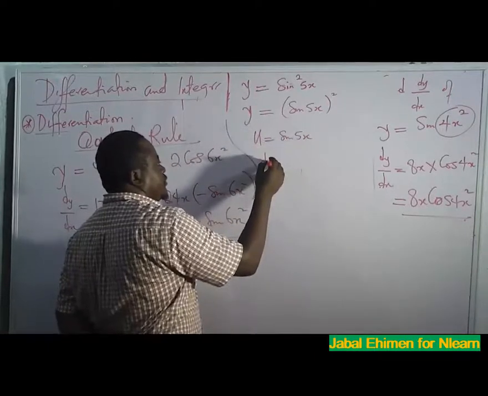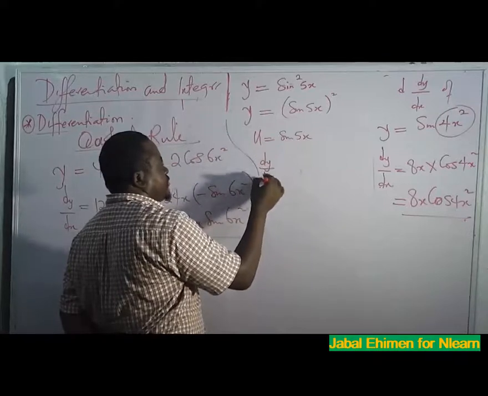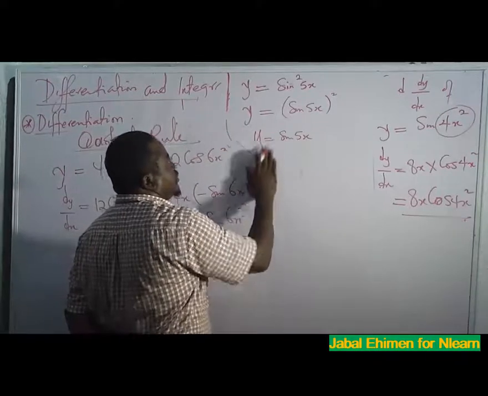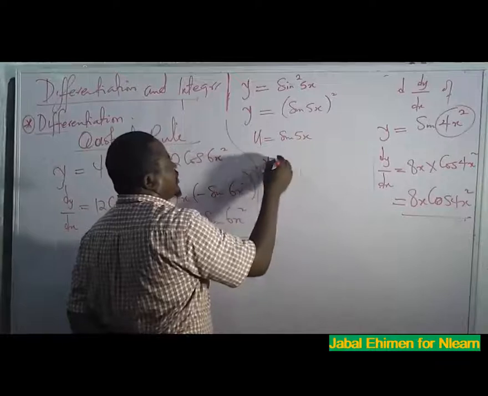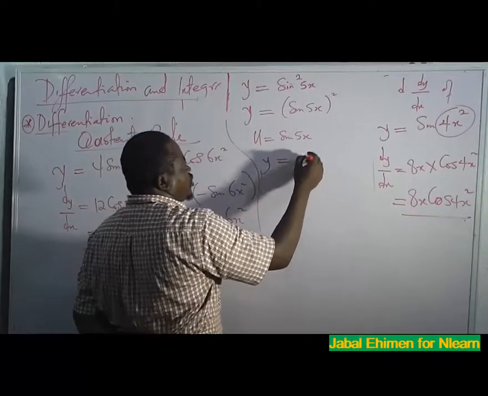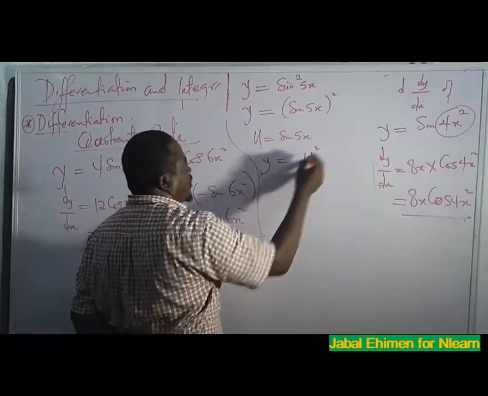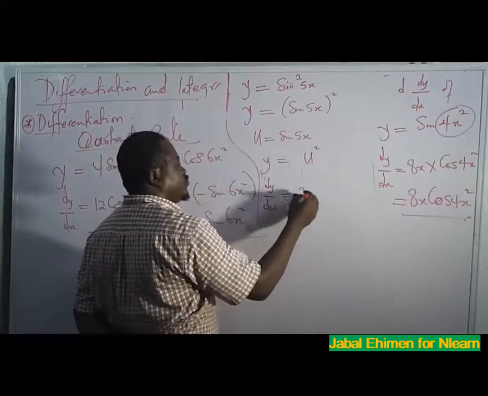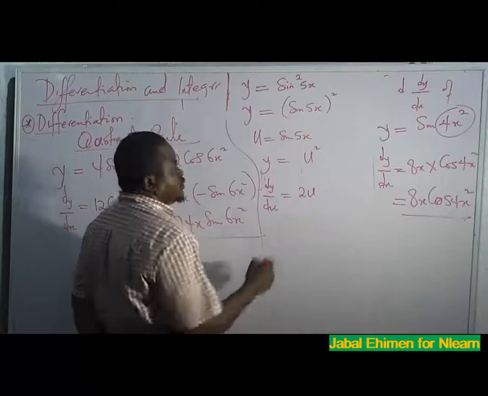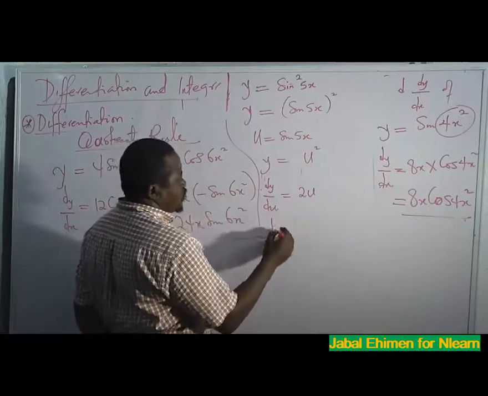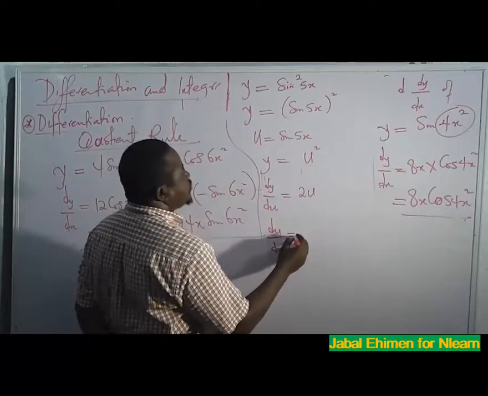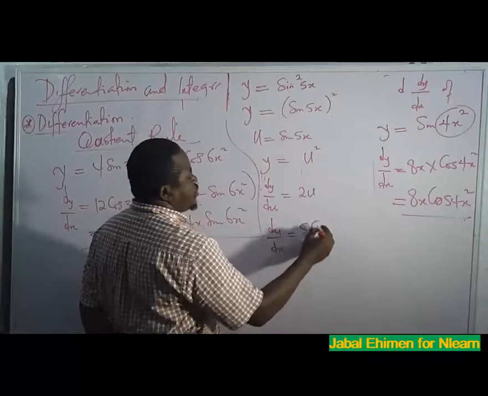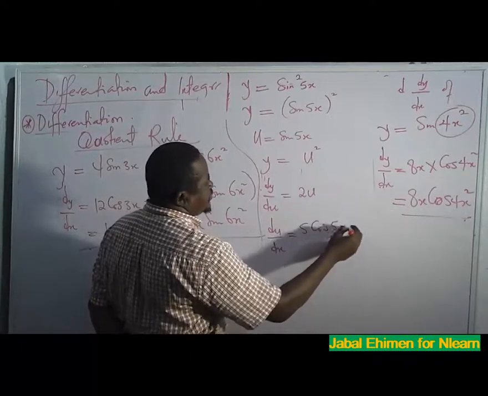So dy over dx. Okay. y now is equal to u squared. So dy over du is equal to 2u. So du over dx is equal to 5 cos 5x.